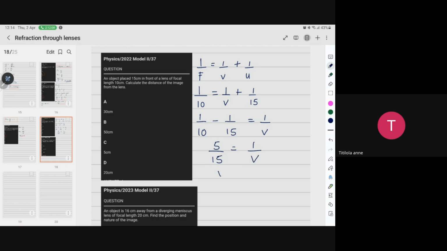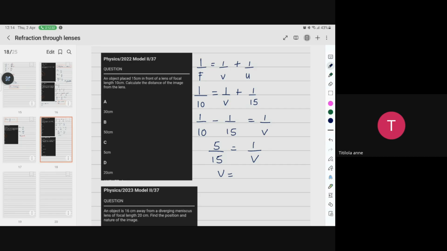Then if we solve for V, we get 5V is equals to 150. Then V is equals to 150 divided by 5. Excuse me. Where is 150 coming from? If we bring the 1 over 15 to the other side, that is 1 over 10 minus 1 over 15.